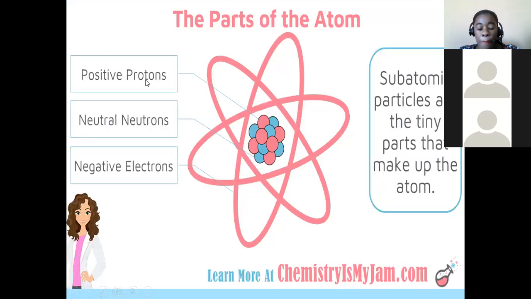So the positive protons are inside the nucleus, the neutral neutrons, the negative electrons are outside on the orbitals or the shells. So the subatomic particles are really the tiny parts that make up the atom. Very tiny. You cannot see these with your naked eye.